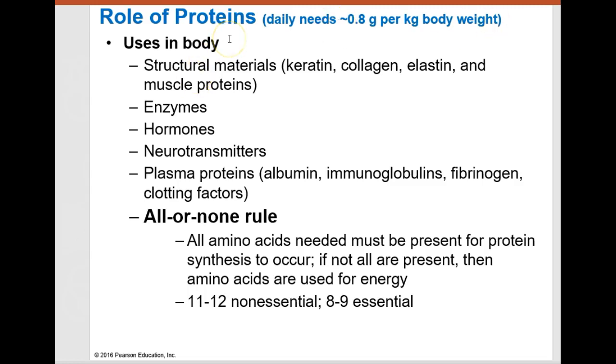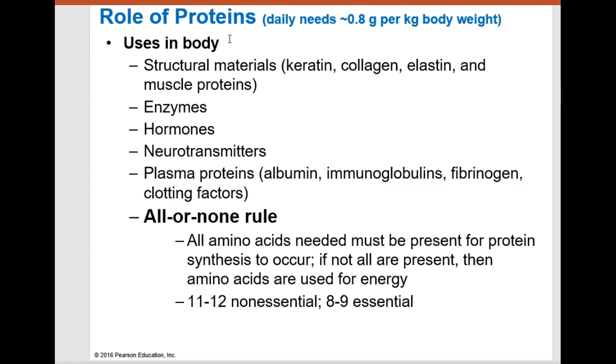So as far as functions in the body, proteins are mostly what's in keratin, that's in your nails and your hair, and in collagens, and collagens are the most abundant of the proteins in a human body. Collagens are in dense irregular connective tissue that surrounds the joints, in the ligaments and the tendons and the aponeuroses.